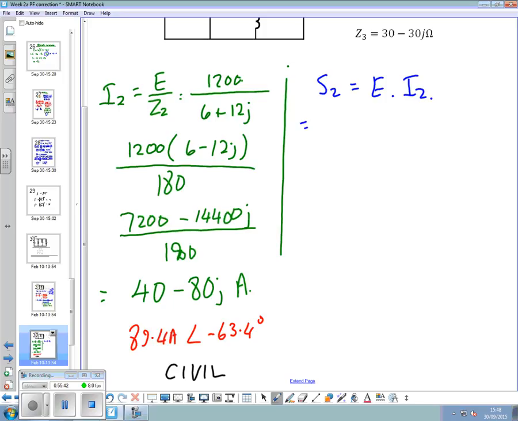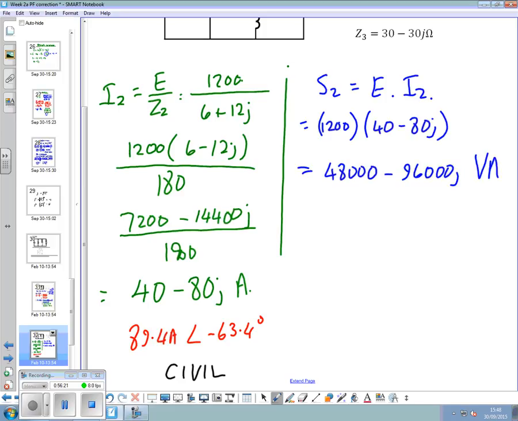So that's going to be 1200 times 40 minus 80J, which multiplies out to 48,000 minus 96,000J, the units of S being VA.